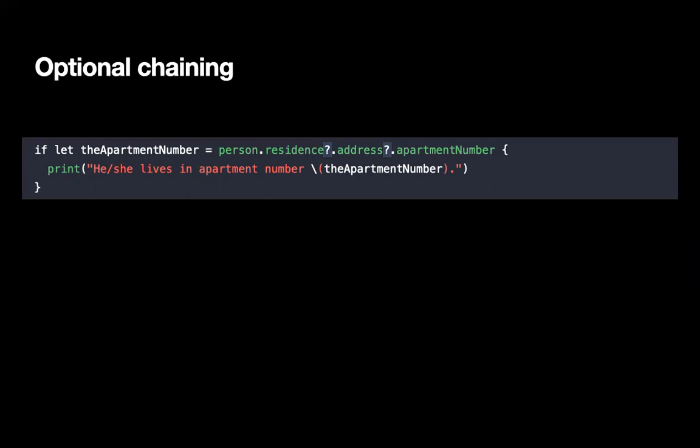Now, if a nil value breaks the chain at any point, the if let statement fails. As a result, no value is assigned to the constant and the code inside the braces never executes. If none of the values are nil, the code inside the braces executes and the constant has a value. This is the way you can optimize the code by using optional chaining.